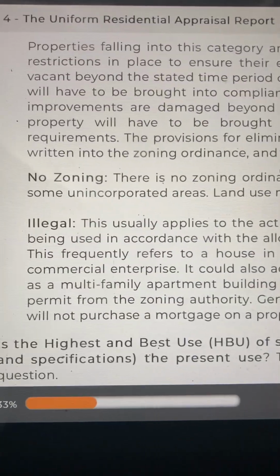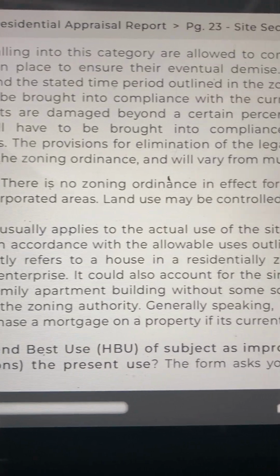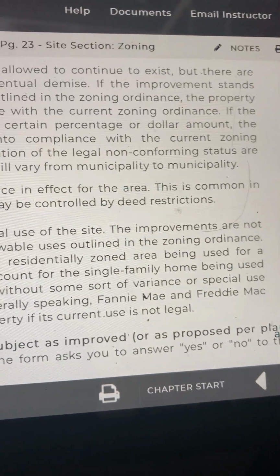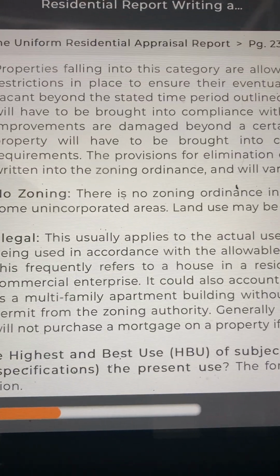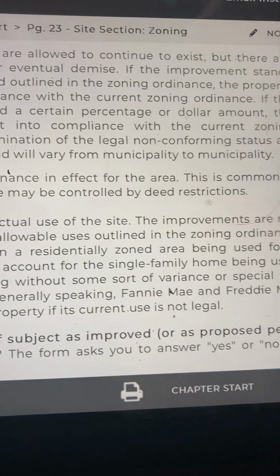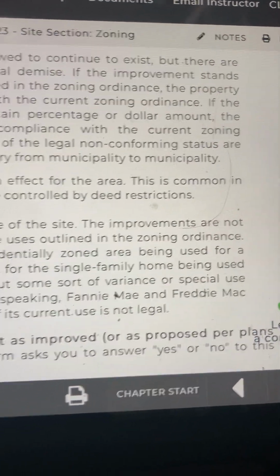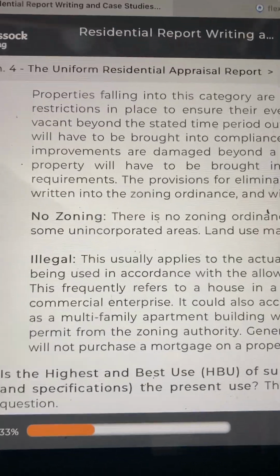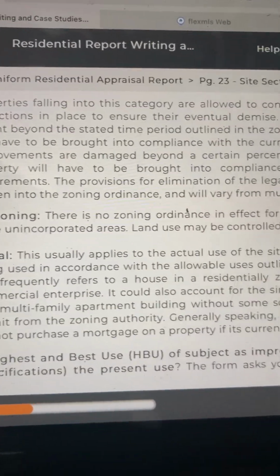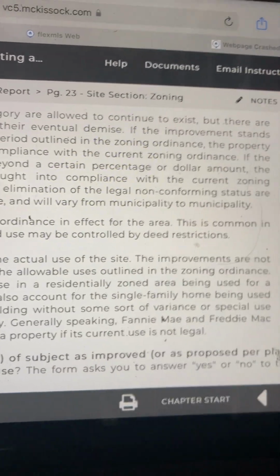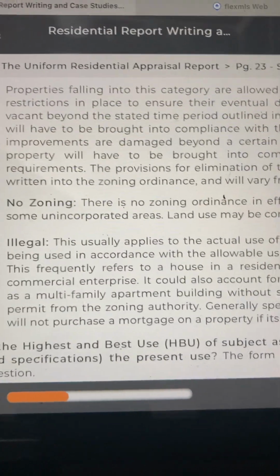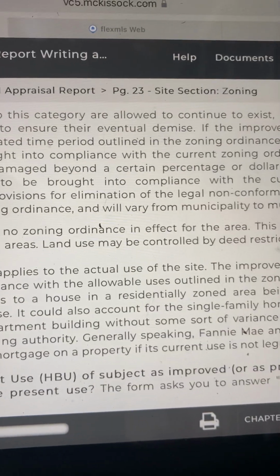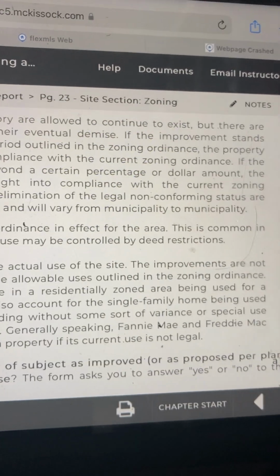If the improvements are damaged beyond a certain percentage or dollar amount, the property will have to be brought into compliance with the current zoning requirements. The provisions for elimination of the legal non-conforming status are written into the zoning ordinance and will vary from municipality to municipality.